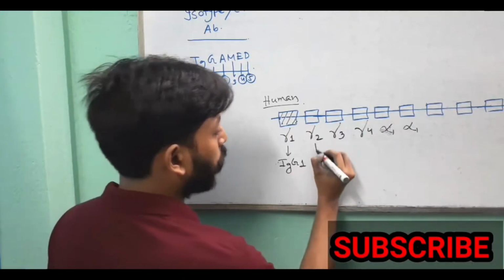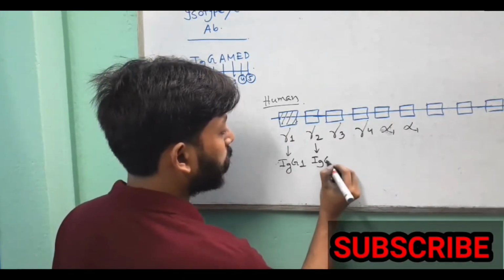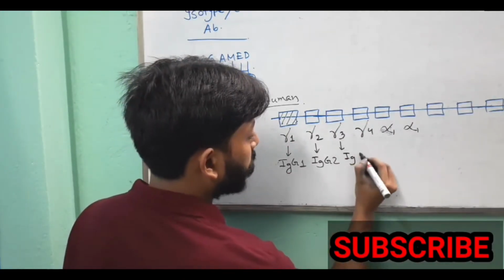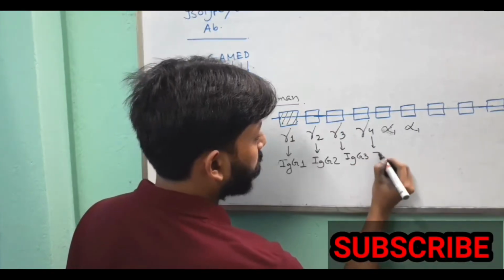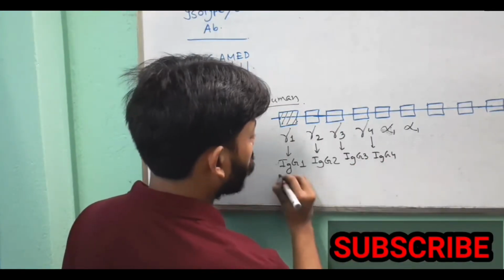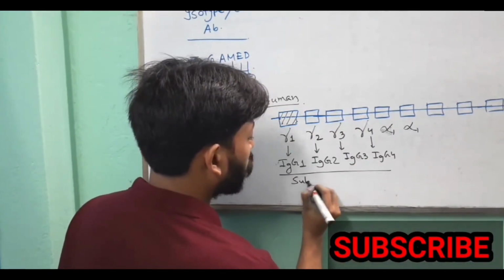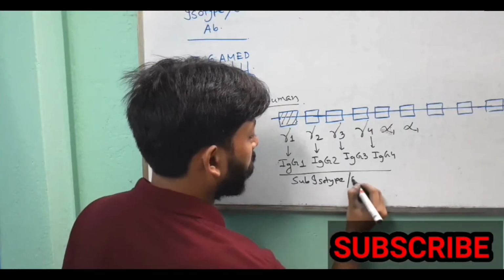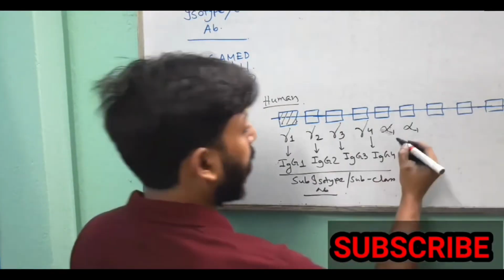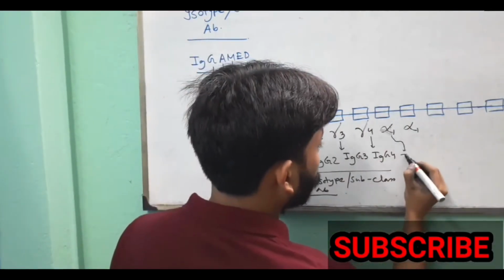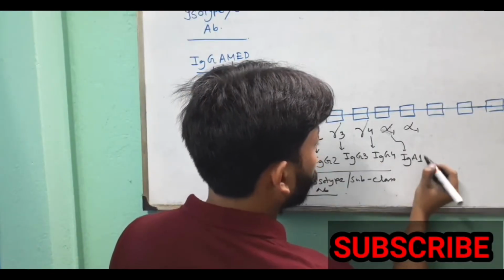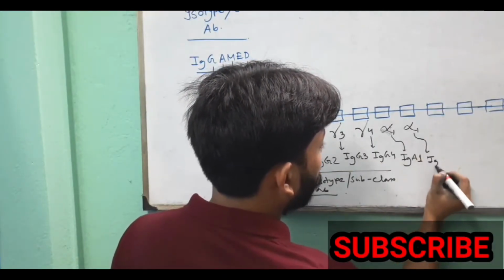So now you can see from this gamma 1 gene segment, IgG1 will be produced. From this gamma 2, IgG2 will be produced. From this gamma 3, IgG3, and IgG4 will be produced. This is the sub-isotype or subclass of antibody. And alpha 1 will produce IgA1, alpha 2 IgA2.